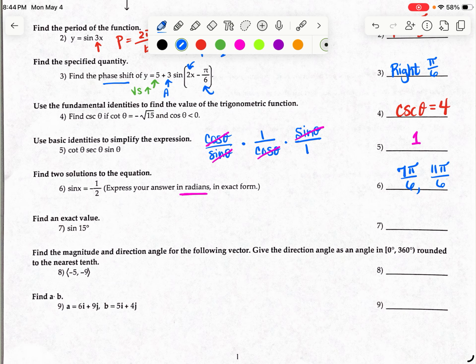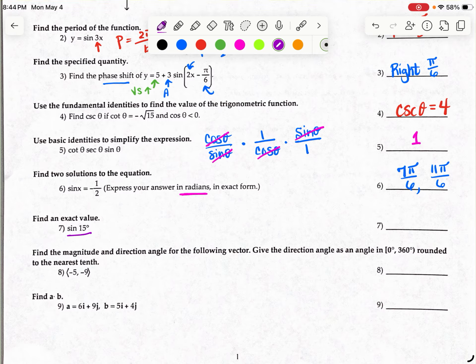Anyway, I'm finding the exact value of sine 15.